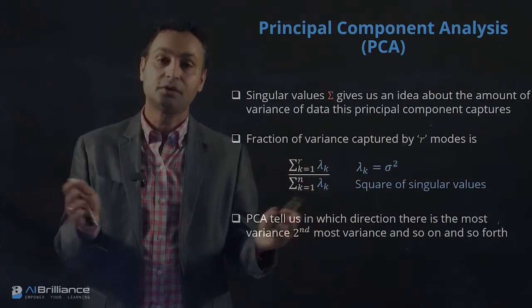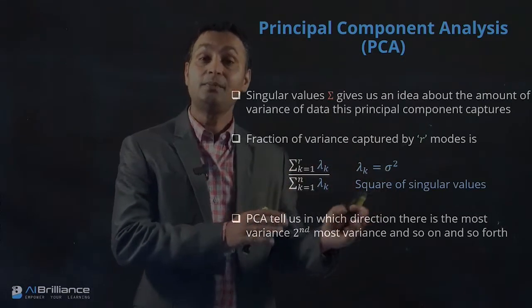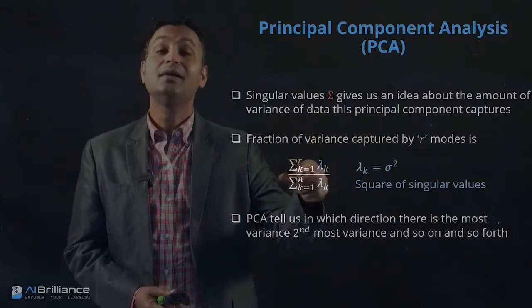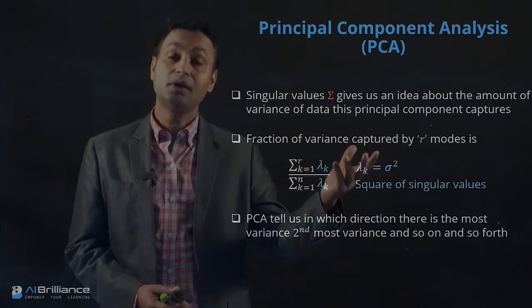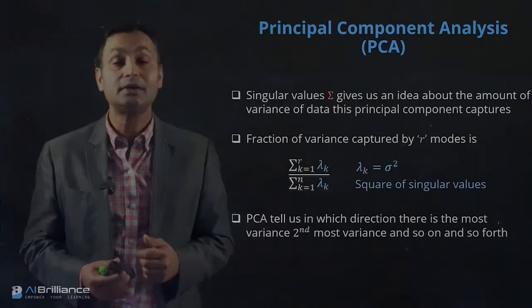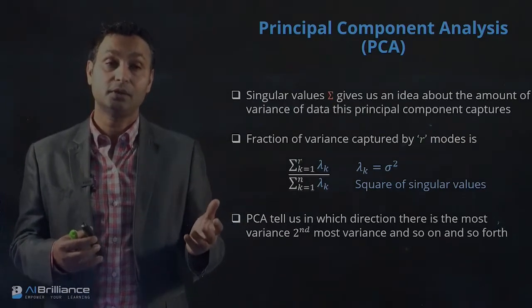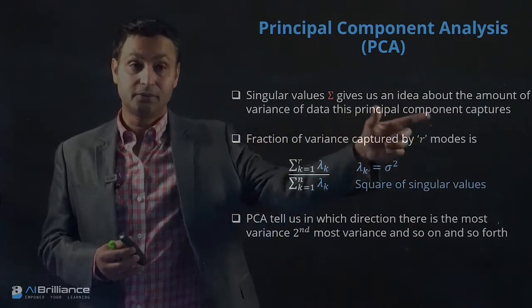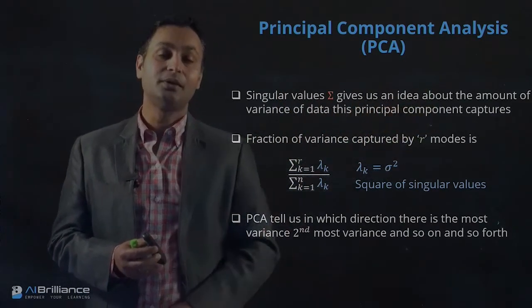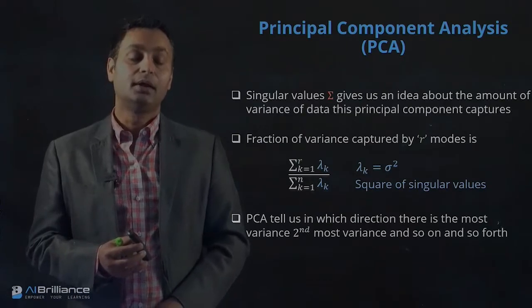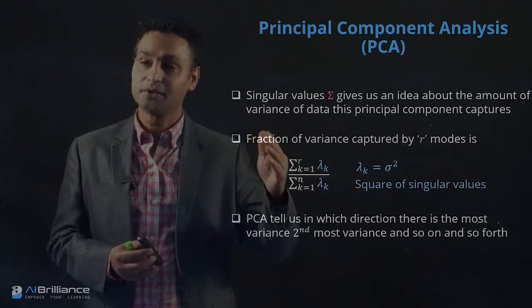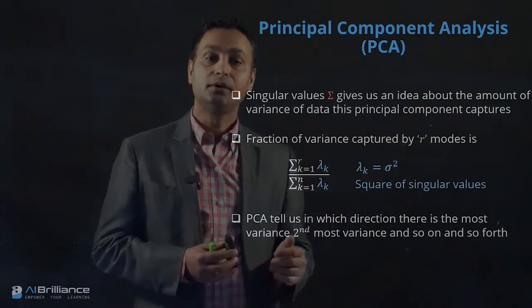If you are interested in capturing 95%, then we can find out the value of R that captures that much of the variance. Depending upon your thresholding, if you want 95% of the variance, you find the value of R, the number of principal components that need to be taken into account. You can use this equation to find the number of dimensions you can have in your T matrix.